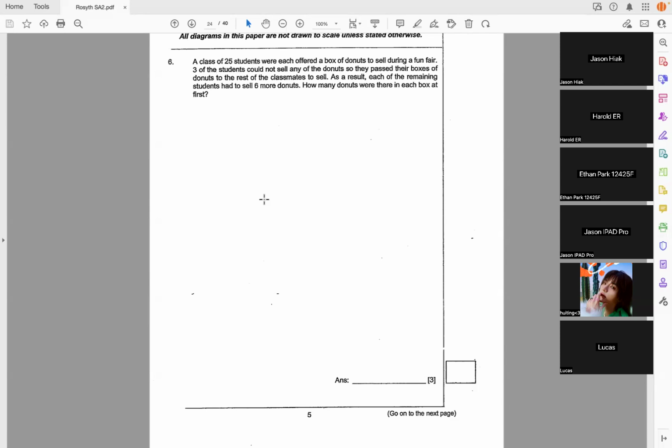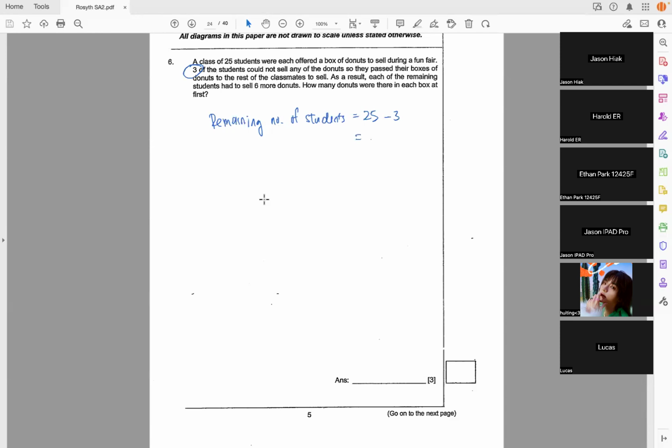So the remaining number of students who are selling will be 25 minus these 3 students that could not sell anything.